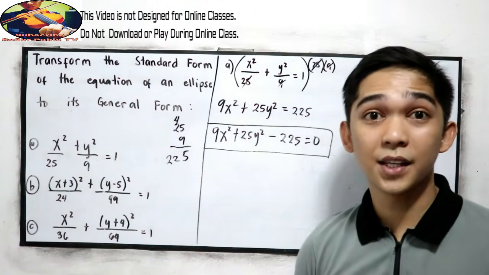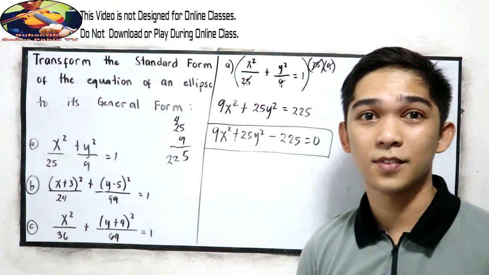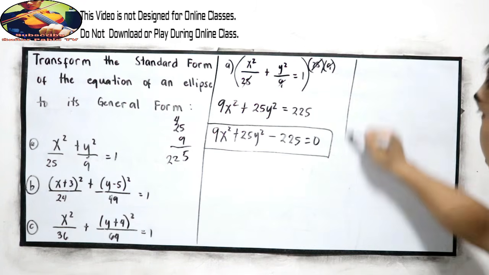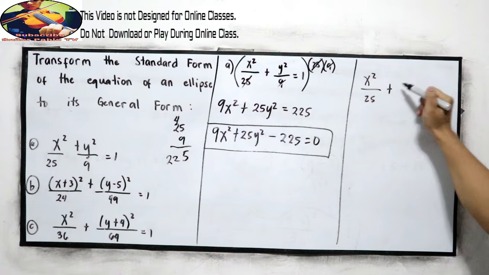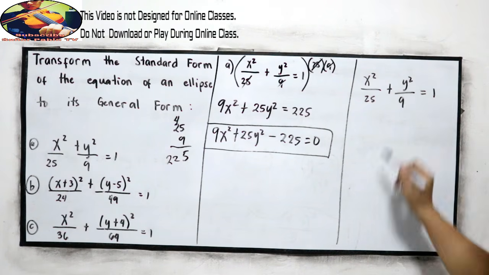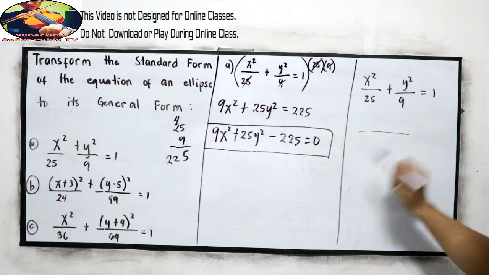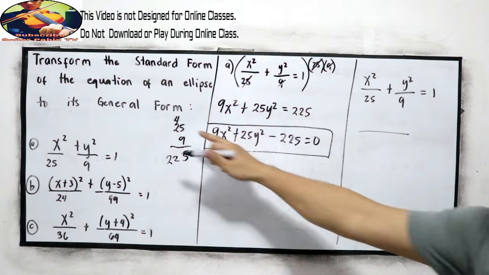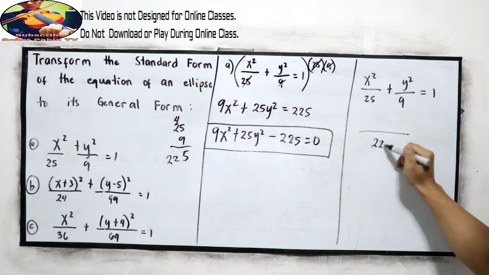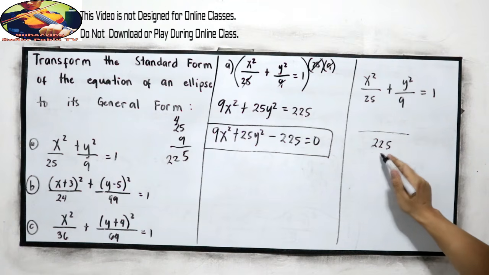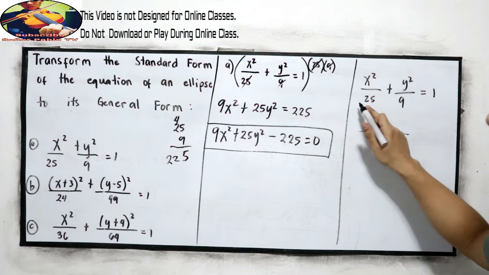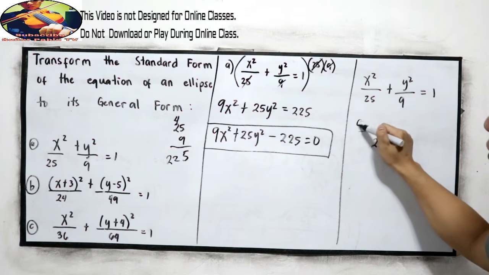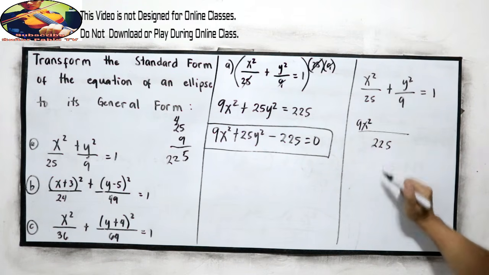The other way around is getting the LCD. So x squared over 25 plus y squared over 9 is equal to 1. So getting the LCD, 25 times 9, that is 225. 225 divided by 25, that is 9. 9 times x squared, so we have 9x squared.